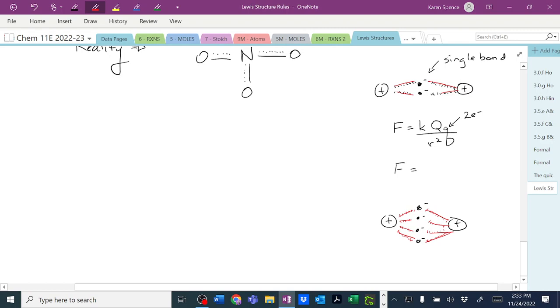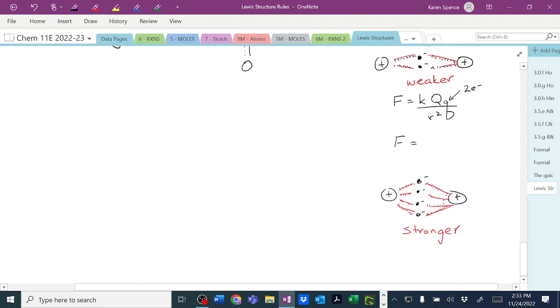Okay, so what's going to happen is that this is going to be stronger, and this one is going to be weaker. And what that means also is if it is stronger, the bond enthalpy is higher.